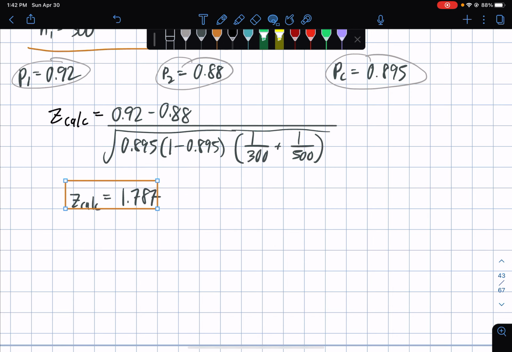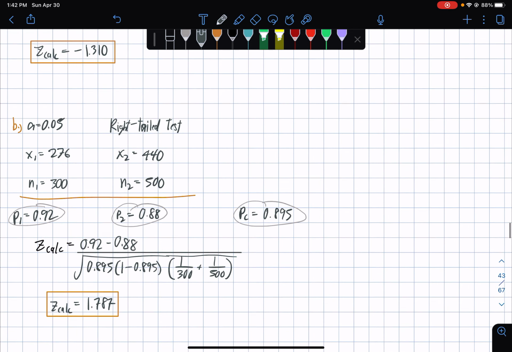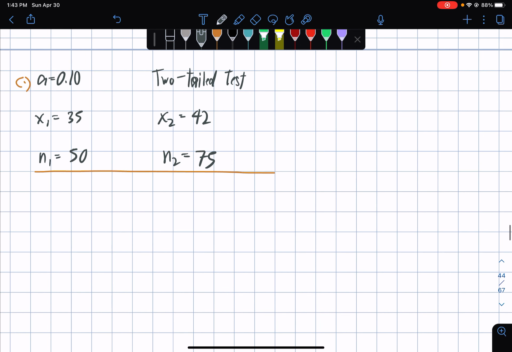Might as well answer for letter C, so that we can check them all at once. So P1 again is 35 over 50, that is 0.7. P2 is equal to 0.56. For PC, that is equal to 35 plus 42 over 50 plus 75. 0.616.